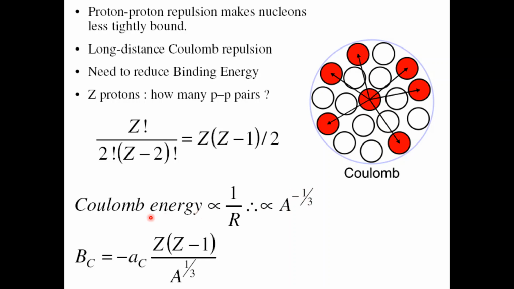So the Coulomb energy term to the binding energy in this particular situation is equal to minus a_C times Z into (Z minus 1) whole divided by A raised to the power 1 by 3. So this is the Coulomb energy term we have.